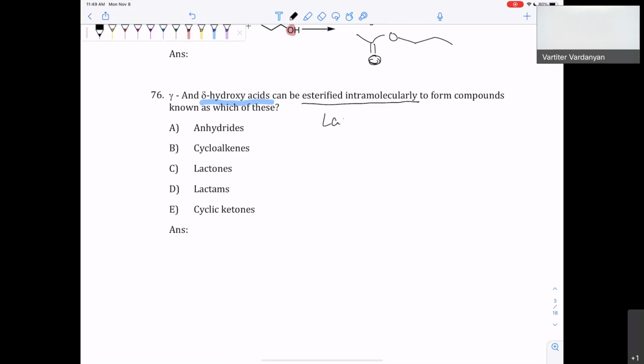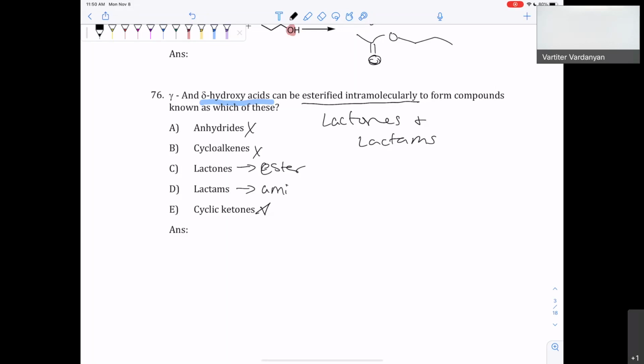Lactones and lactams. So we can get rid of anhydrides, whatever that is. Cyclic ketones, wrong. So we're stuck between lactones and lactams. How do we know to pick lactone and not lactam? Exactly. So a lactam is a cyclic. That's lactone. So yeah, a lactone is a cyclic ester.